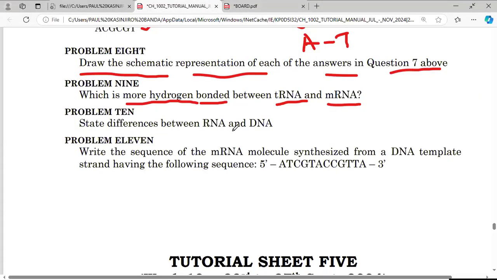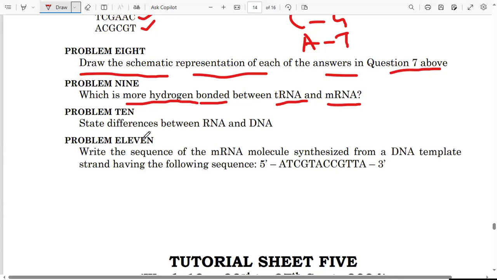Okay, and then this one here should be the simplest for you guys. They're saying state the differences between RNA and DNA. Okay, we know that RNA is single-stranded, and then we know that the DNA is double-stranded. What other difference can we get?